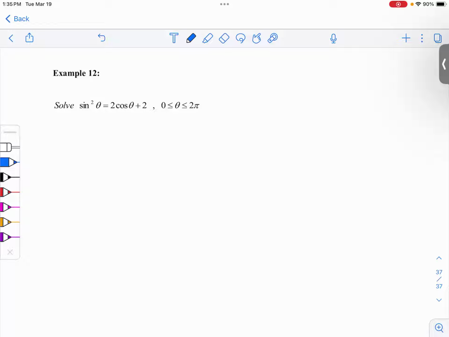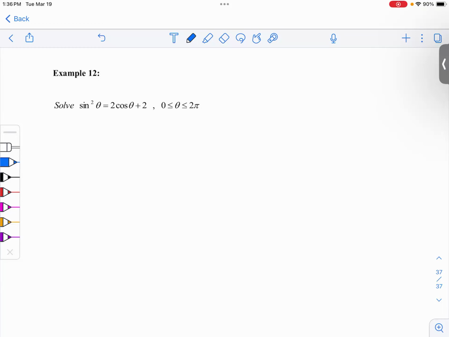Good news for us. What wonderful identity do we have that does this for us? How can you convert just sines to just cosines or vice versa? There are lots of ways, but there's the super easy one. Specifically, how about sine squared? Yeah, the fundamental.